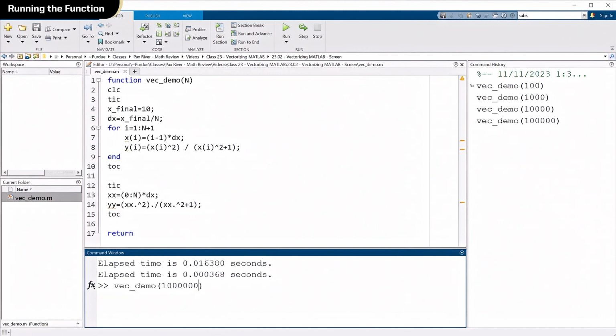Okay, so now it looks like I've got 1,000,000 points here. All right, so now I'm at a meaningful amount of time. I've got 160 milliseconds for the loop and less than 5 milliseconds for the vectorized version. So it's holding up. The vectorized calculation is still much faster.